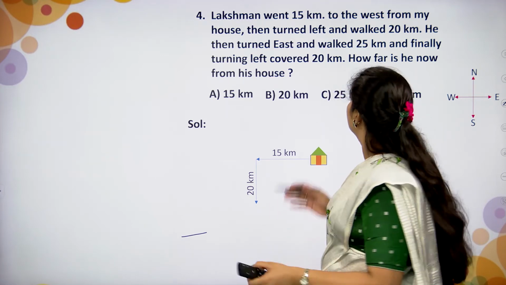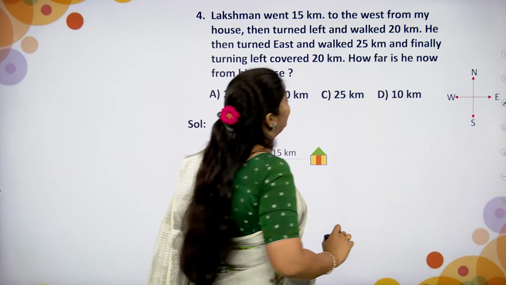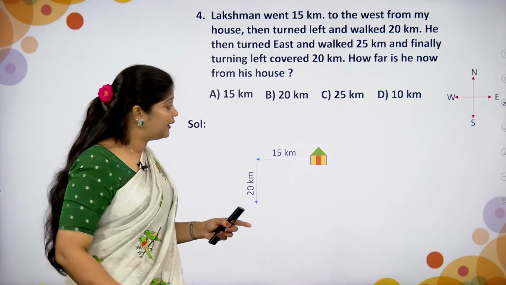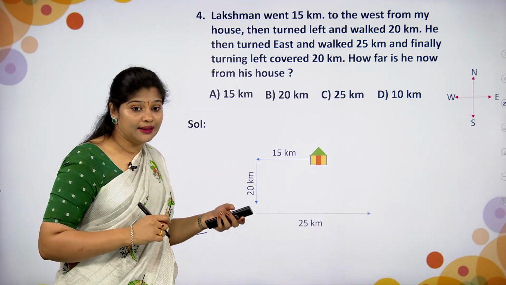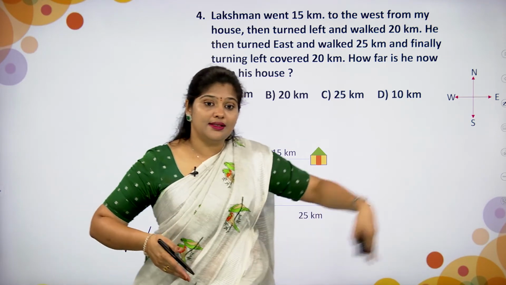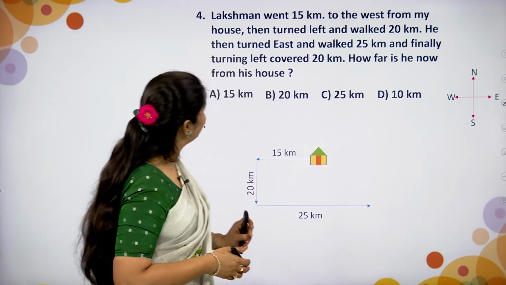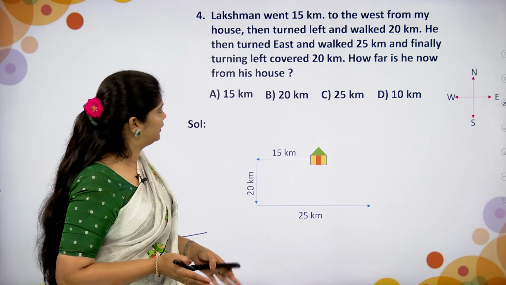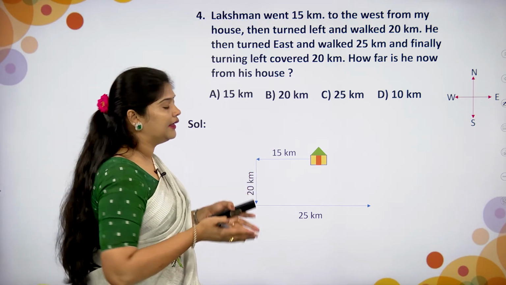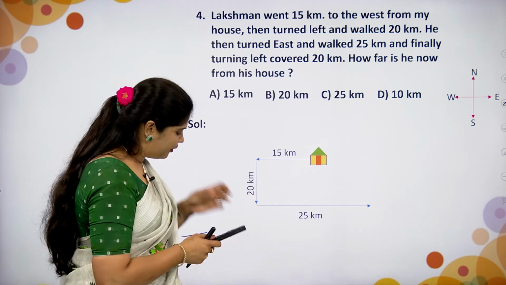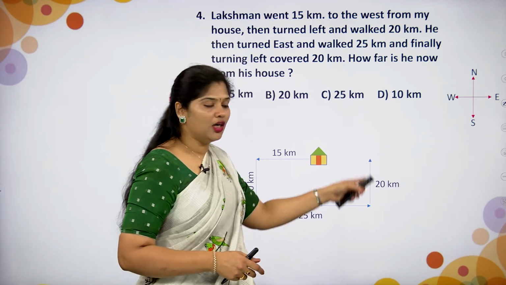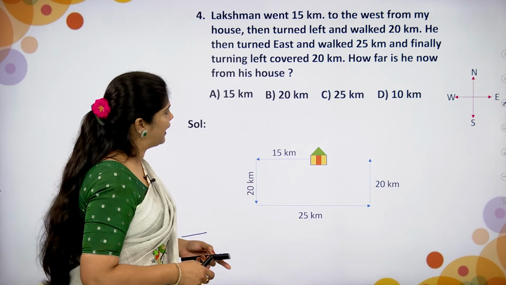So he walked 20 kilometers in the left direction, he then turned east. East means from here, this is the east direction. So, 25 kilometers in the east direction and finally, sorry, from here he takes 20 kilometers in the left direction.